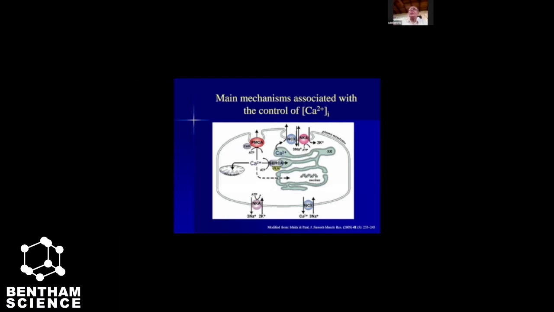And also the intracellular calcium could be controlled by the SERCA, which is the sarcoendoplasmic reticulum calcium ATPase that takes calcium from the cytosol to the sarcoplasmic reticulum, and also the mitochondrion can take calcium. But the fine control of the intracellular calcium concentration is performed by the PMCA, or plasma membrane calcium ATPase.